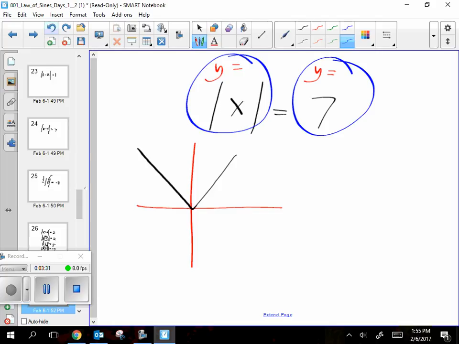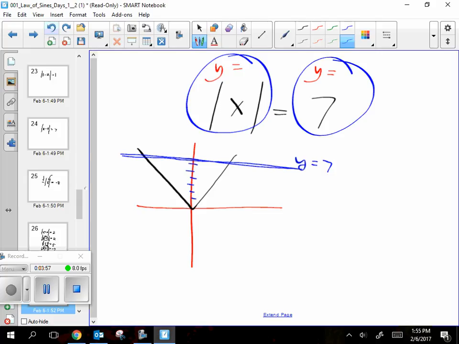Here, 1, 2, 3, 4, 5, 6, 7. That's a spot where y equals 7. So it's this whole line right here. If it had been going the other way, we'd be saying x equals 7. Does that blue line make sense to you for y equals 7?